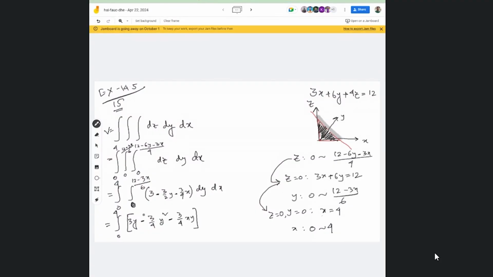So here the limit will be 12 by 6, means half. Sorry, not half, but 2. 2 minus half x, 0 dx.